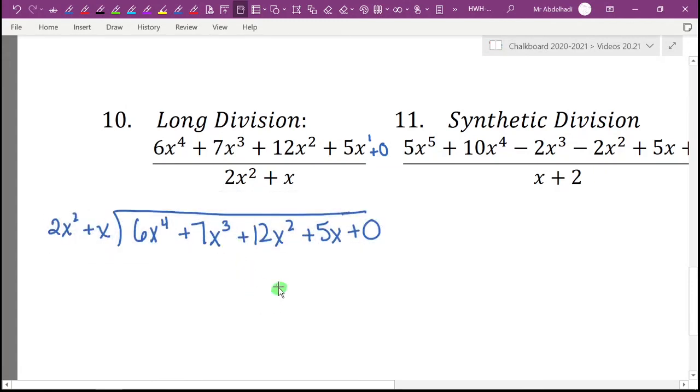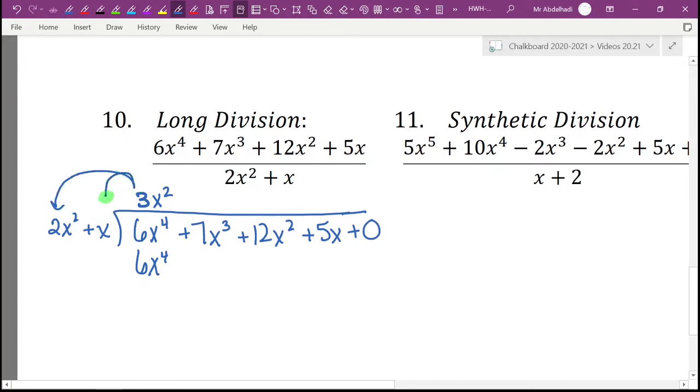Here we go. Okay. Now, we ask ourselves, first term to first term, what would you multiply by 2x squared, this first term, to get this first term? I need a 3. 3 times 2 is 6, right? And I'd also need an x squared. 3x squared times 2x squared is 6x to the 4th when you multiply it back like that.